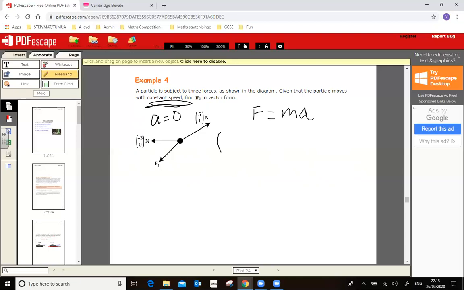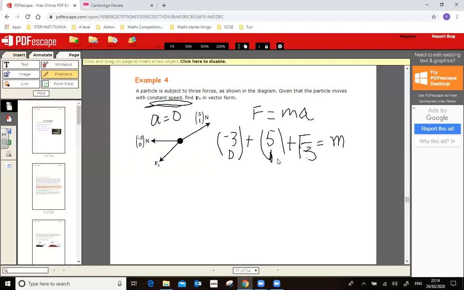So we have minus 3, 0, plus 5, 1, plus F3, and that equals... Now m, we don't know m, but does it matter?